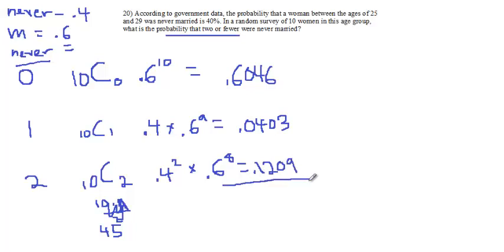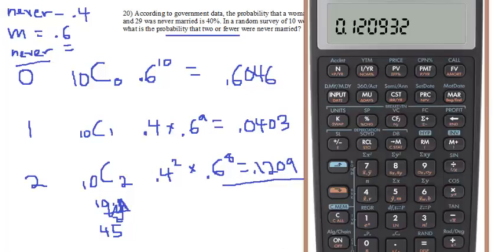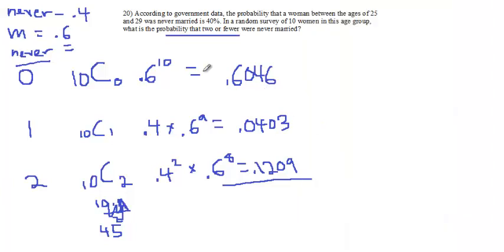0.1209. And if we add them all together, we add this 0.0403 to the 0.006046, and our total answer. I'm sorry, up here I made a mistake when I transcribed it. This was 0.006046.